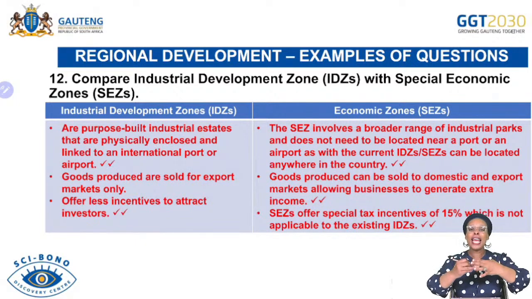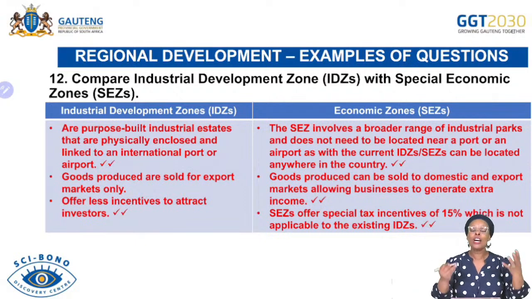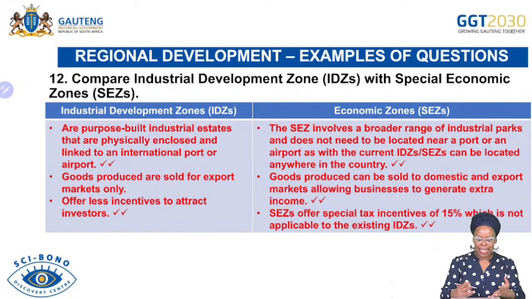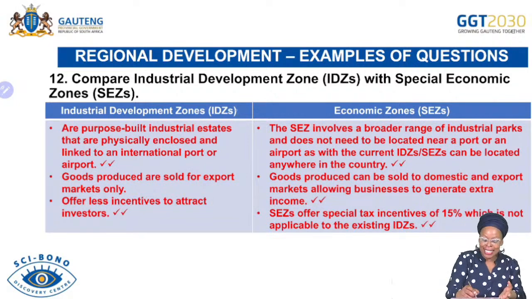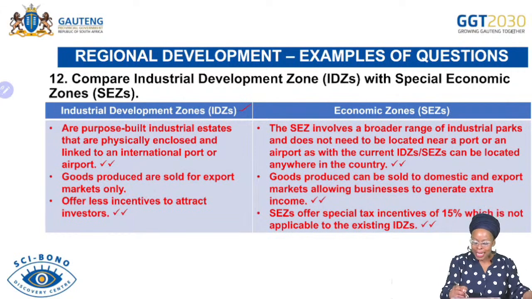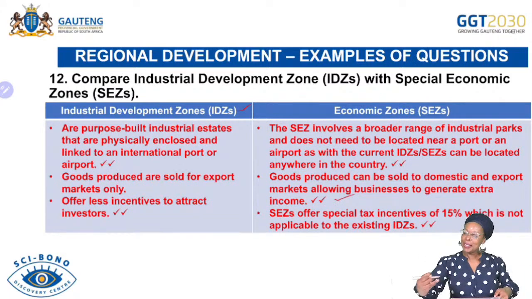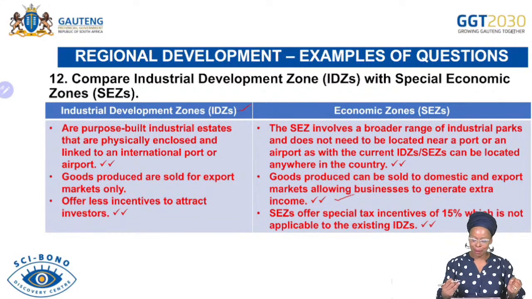They can be found anywhere, or they are industrial parks which do not need to be located near a port or an international airport. You will also mention that goods produced under IDZ are sold for the export market only. But when it comes to SEZ, goods produced can be sold to the domestic market and the international market.